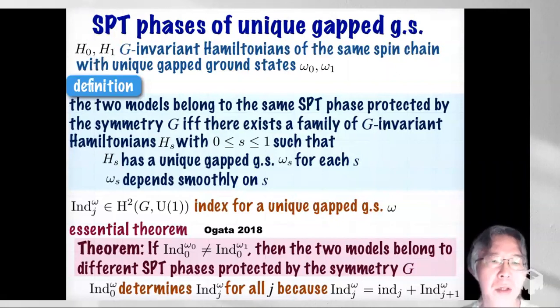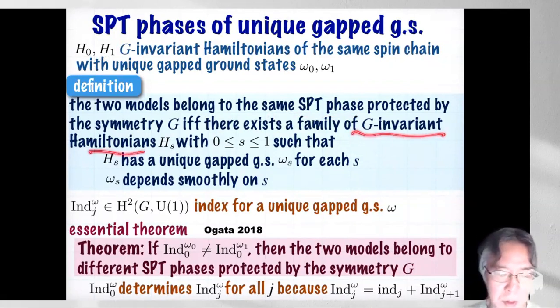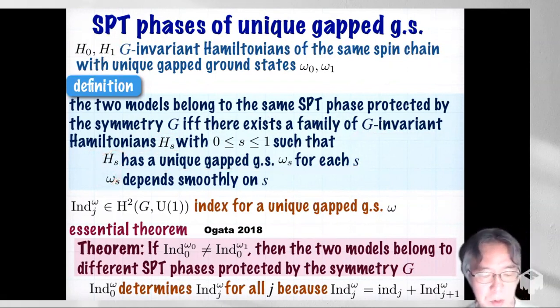And then we say that the two models belong to the same SPT phase protected by the symmetry G if and only if there exists a family of G invariant Hamiltonians Hs with the property that Hs has a unique gapped ground state for each s, and this omega s depends smoothly on s in a certain mathematical sense.